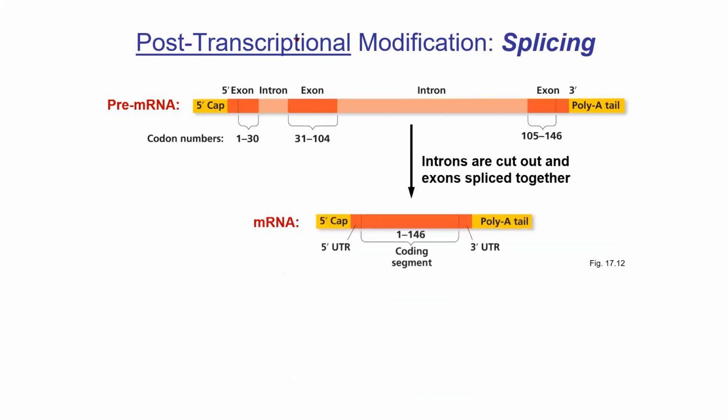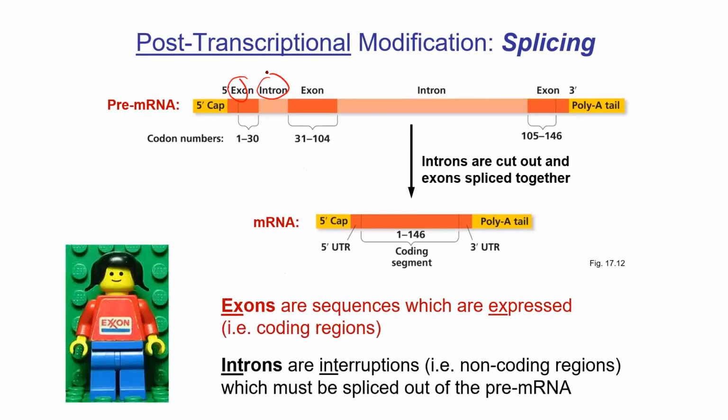And the last thing that happens in eukaryotes is something called splicing. Notice what just happened: we have these little regions here, these things called exons and introns. So what are exons and introns? They are sequences of the RNA, and the exons are expressed. That means they're coding regions. These are the things that eventually are going to be read at the ribosome and become an amino acid sequence.